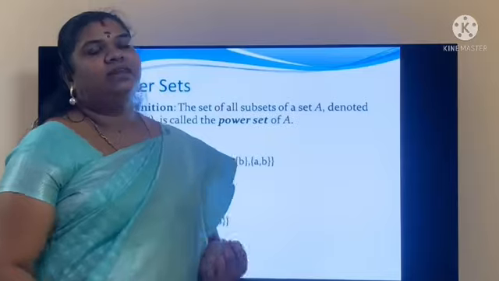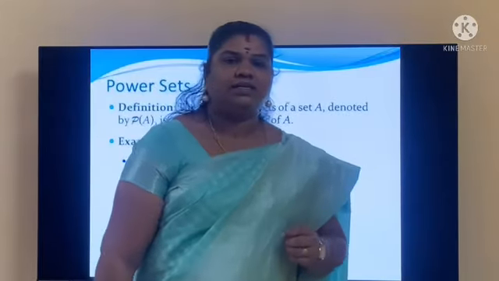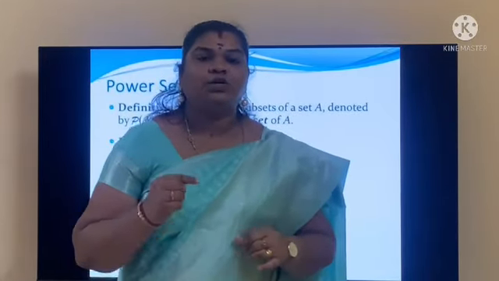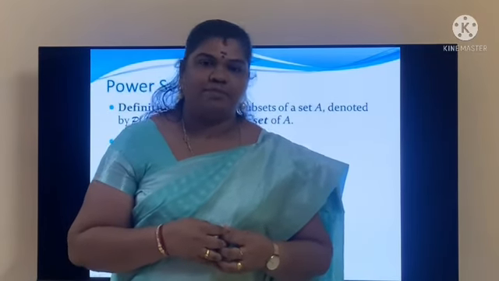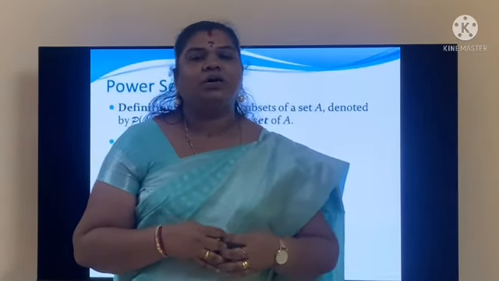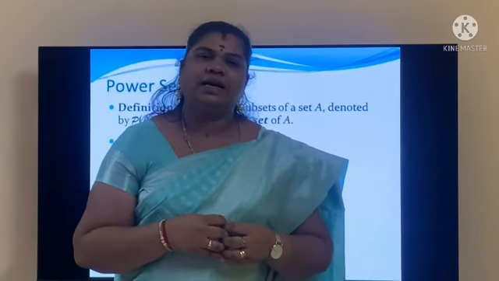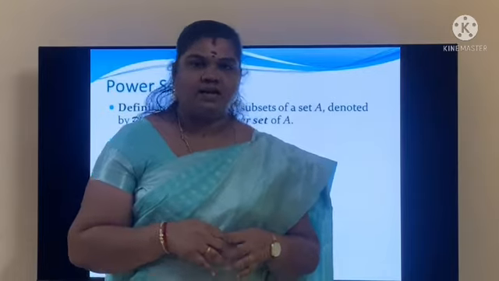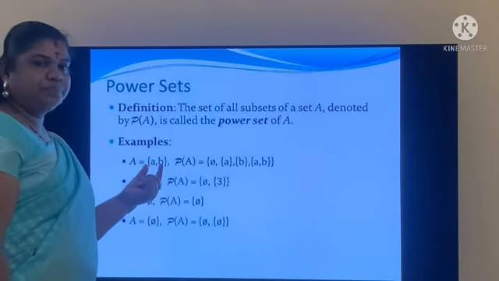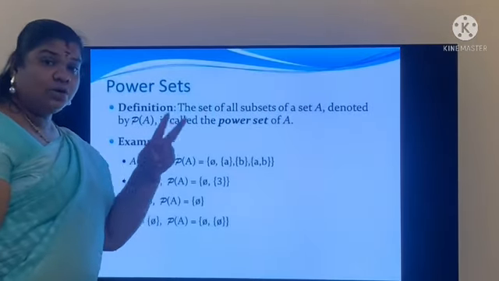So how to find the number of elements in a power set? It is by using the formula 2 power m, to find the number of subsets. So what is that m? m is nothing but the number of elements present in a set. For example, if I take this one, how many elements do we have? 2 elements.